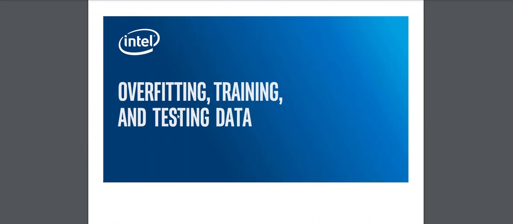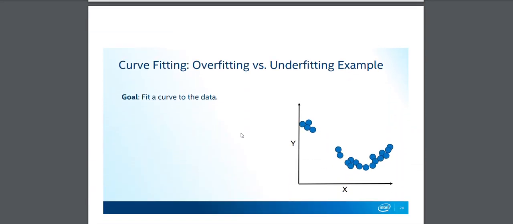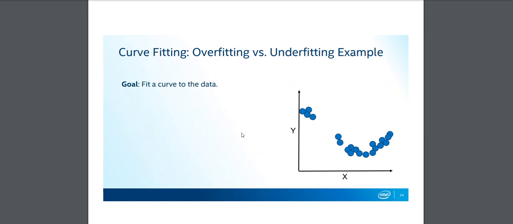Now, there's a concept called overfitting. Training we've talked about, and testing data we've talked about. Now, over time, here's where we're at. Here's our data, our x-axis and our y-axis. We end up with this curve.